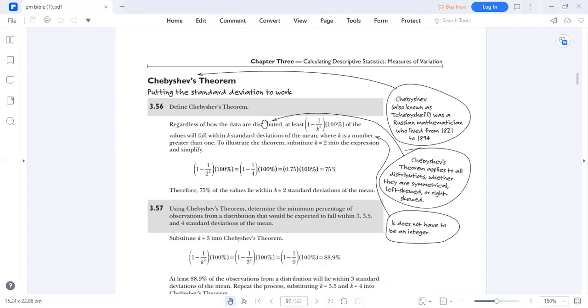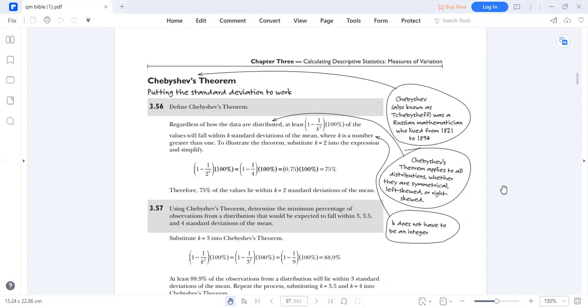Sometimes you'll be asked to explain it. It is a theorem that assumes that regardless of how the data set is distributed, we are always going to have at least 1 minus 1 over k squared times 100 of the values that fall within k standard deviations of the mean.